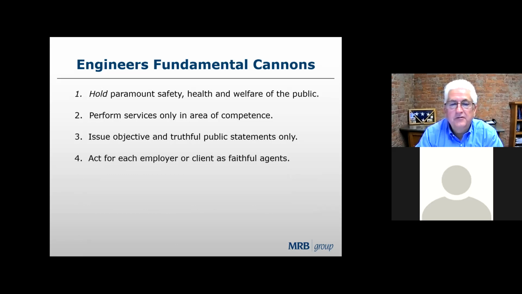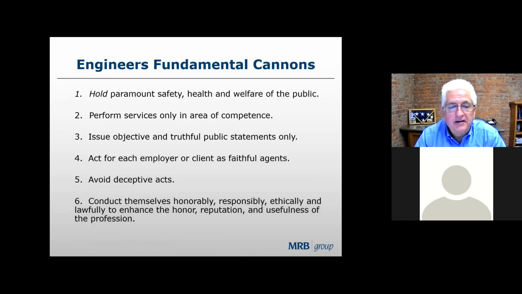We are working as faithful agents. However, go back to number one, above and beyond serving the employer or client, we have to make sure that we are protecting the public. Almost goes without saying, we should avoid deceptive acts. And then finally, conduct ourselves honorably, responsibly, ethically, and lawfully to enhance the honor, reputation, and usefulness of the profession.